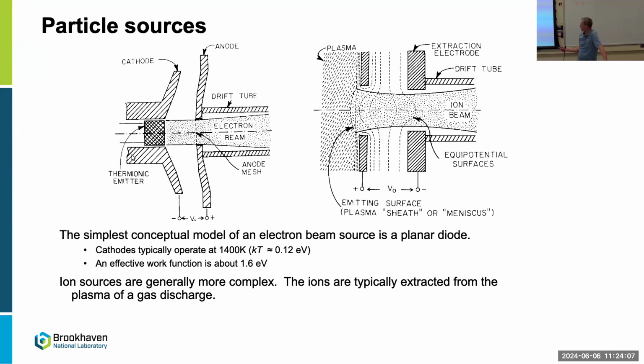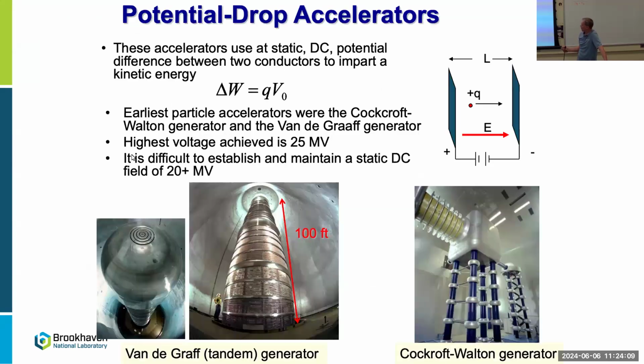So those particles can be then accelerated using electrostatic accelerators. And this type of acceleration is called the potential drop acceleration.